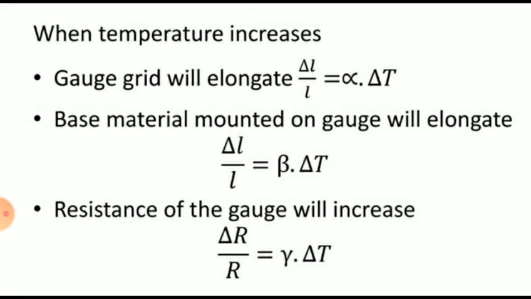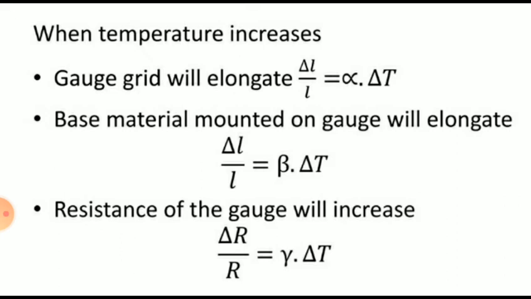That is regarding the materials used. The gauge material may be different from the specimen or component material, and due to that there is a difference in the coefficients of expansion of the two materials. So there will be a differential expansion between the gauge and the test specimen. That factor also we have to consider.